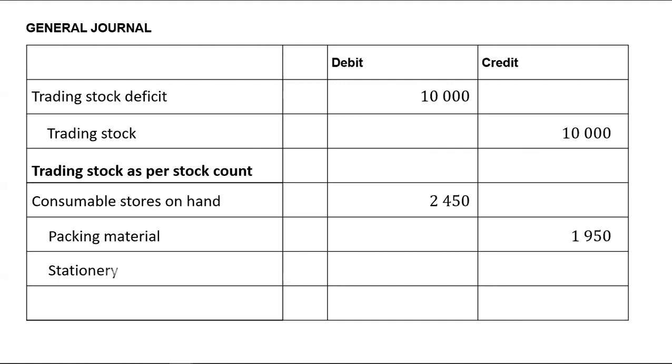When you add 1,950 with that 500, you will get the 2,450. This is packing material and stationery on hand.